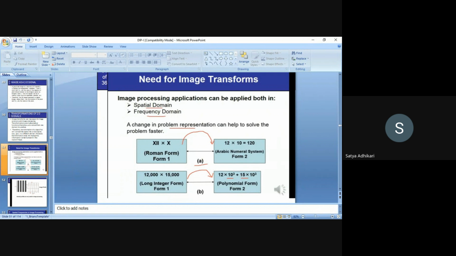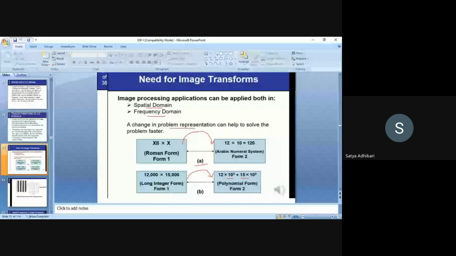So this transformation makes our work easier. If we don't transform it and want to preserve its original form, it is difficult to multiply and difficult to store. That is why transformation is required. For exactly the same reason, transformation is required in image processing, because if your image is in one domain, it may not be suitable for processing.